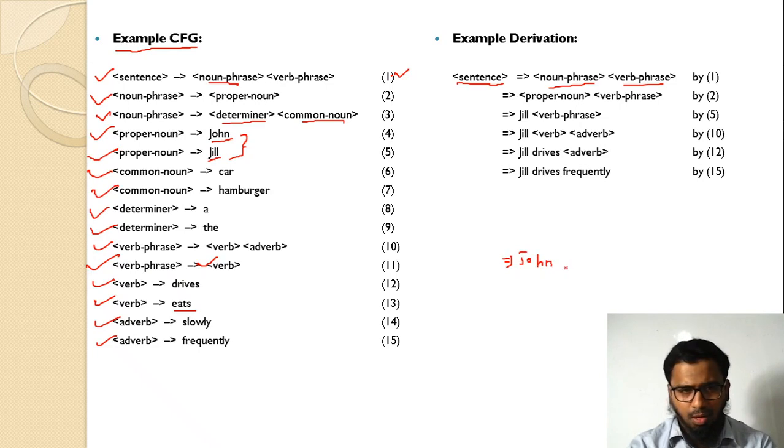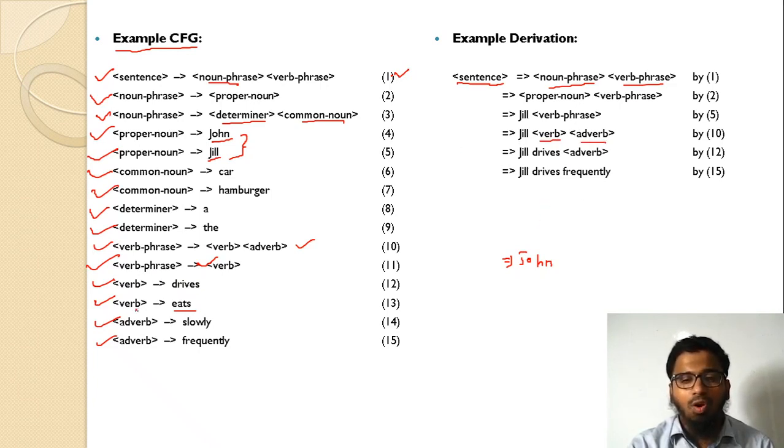Next, what is next? Next is verb phrase. Verb phrase is two: verb and adverb, or verb. Any one of these you can take. So I am going to take this one, to increase the sentence. Verb phrase is here verb and adverb.